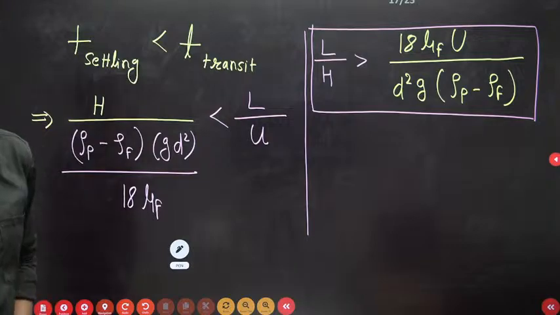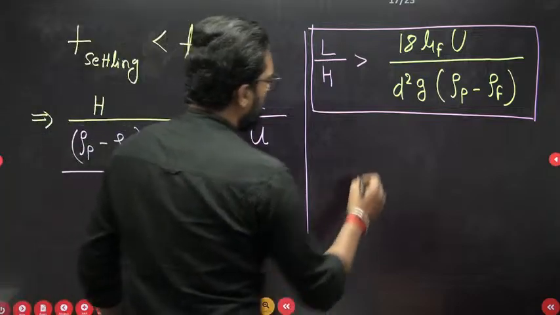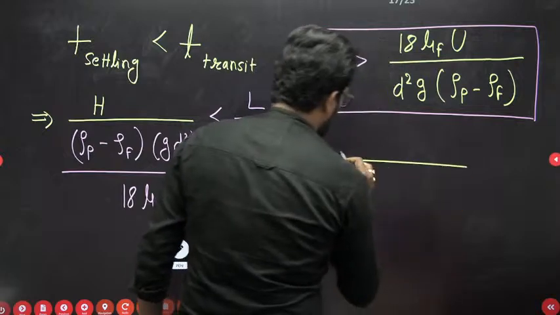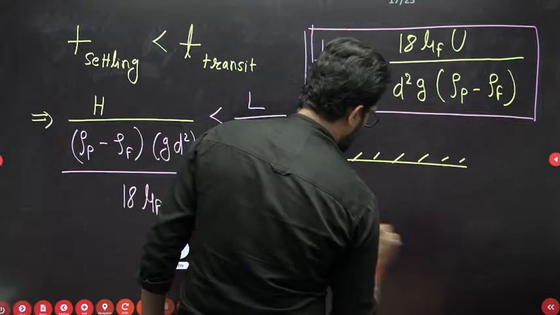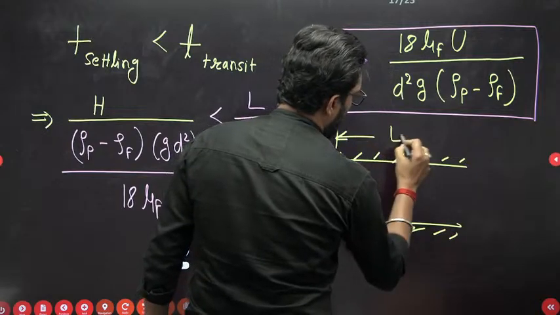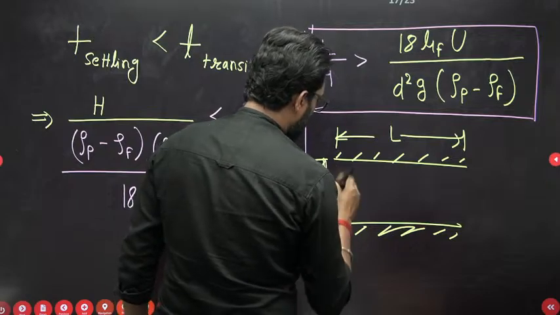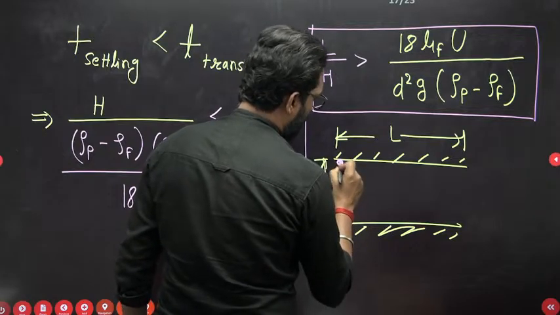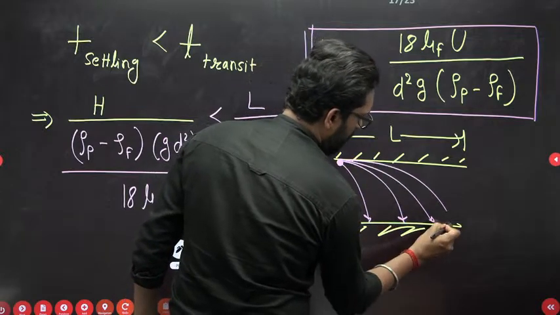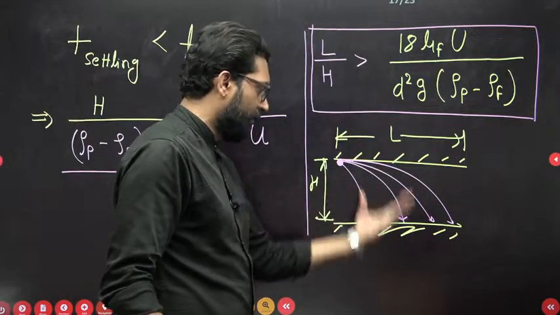There must be a capture before it will transit. That means if you design L by H in this one, this is your channel. Let's suppose this is your L and this is your H. So if this is your particle, and if you design it so all particles settle before they exit, that means a heavy particle will go like that.